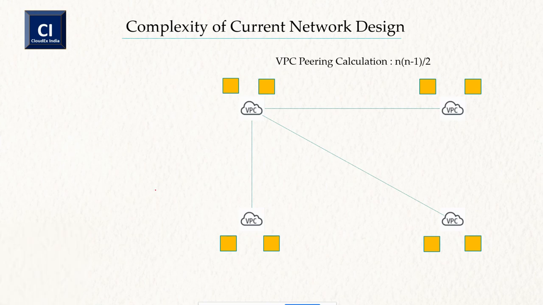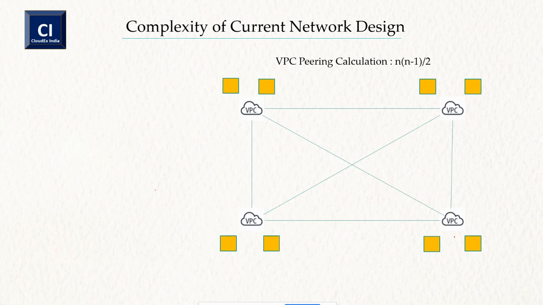To establish communication from B to D and C, you have to establish VPC peering from B to C and B to D, plus C to D. Once you're done with this, all your VPCs can communicate with each other.